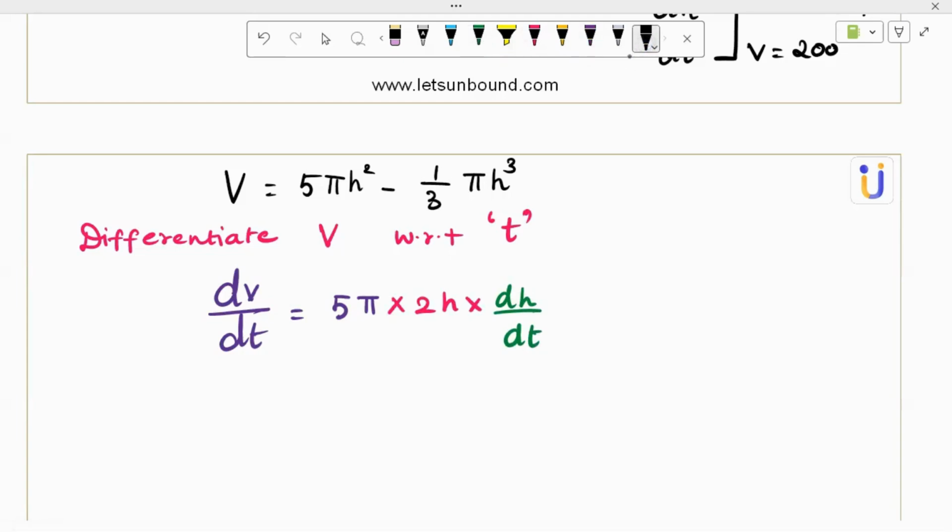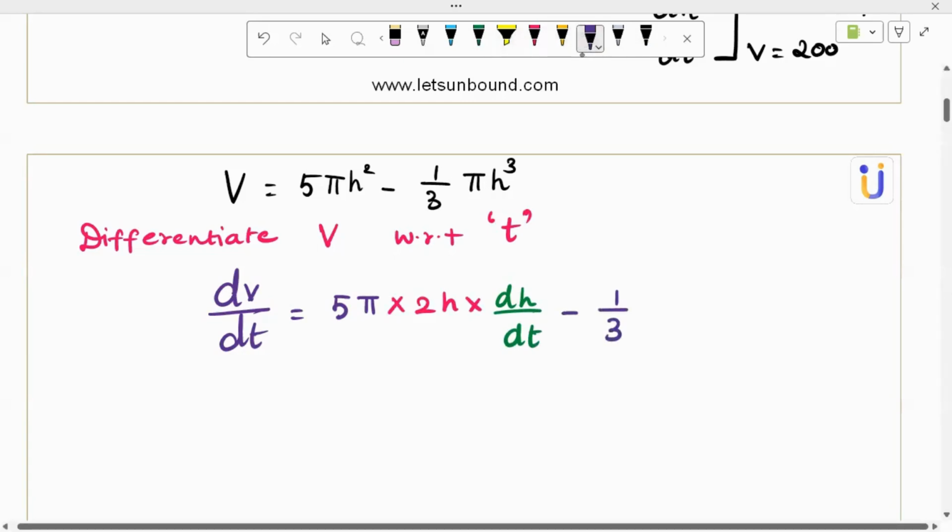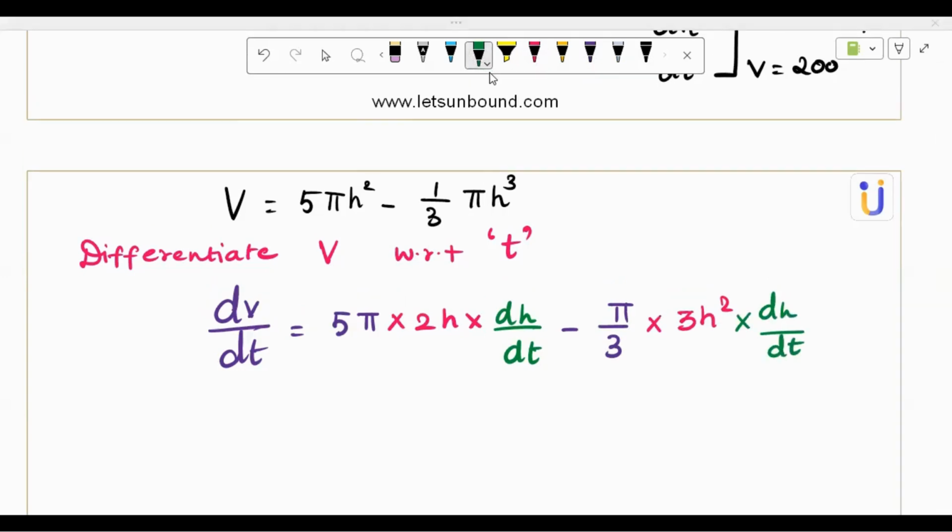This is a must. Then minus 1 over 3, like pi over 3, is a constant, and h cube, same process. H cube normal differentiation is 3h square. I am differentiating with respect to t, so I need to add this dh over dt. This is important. We should not make any error over here.